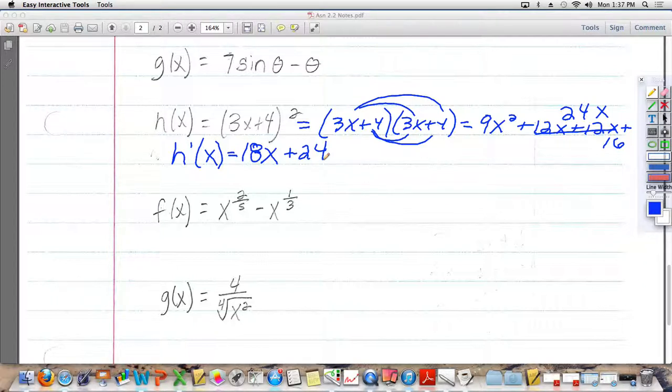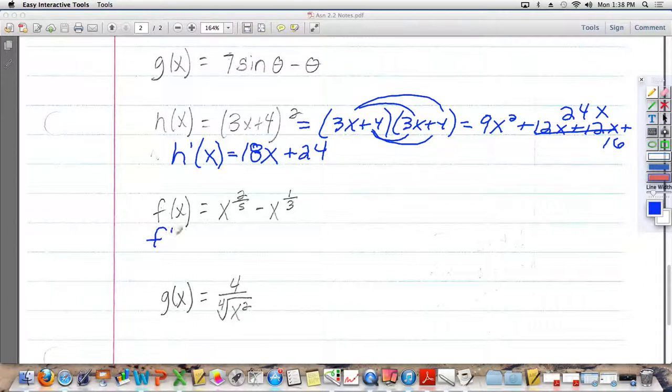All right. F of x equals x to the 2/5 power minus x to the 1/3 power. So 2/5 power, already a fractional exponent. There's no cubes and square roots or whatever the case is. So we're going to go with this.